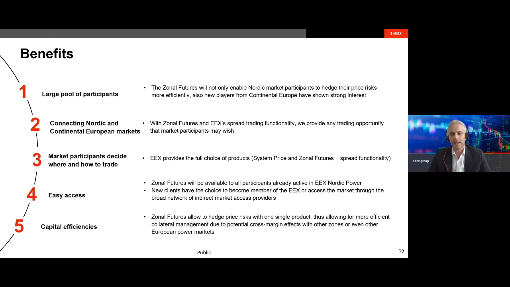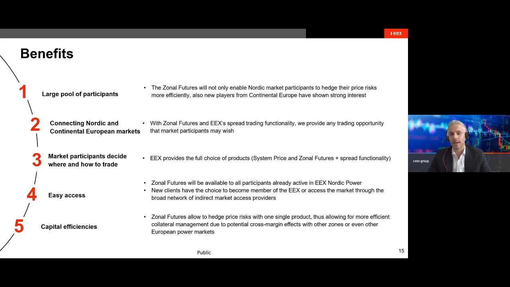Thirdly, and this is really important, it's the market participants who decide where and how to trade. We are a market infrastructure provider. Therefore, EEX provides the full choice of products, be it system price or zonal futures, and we will launch the spread functionality in addition.